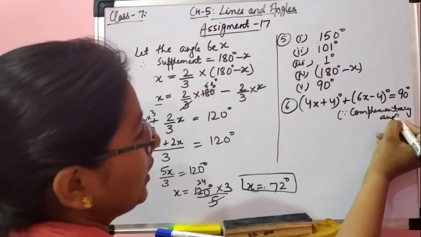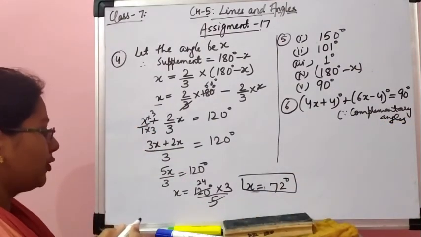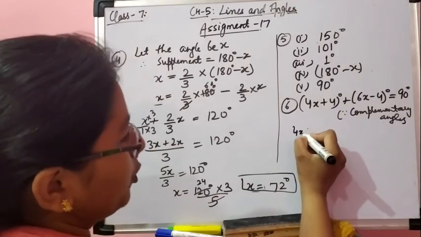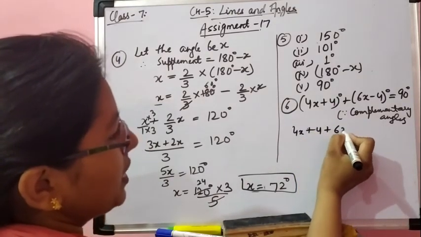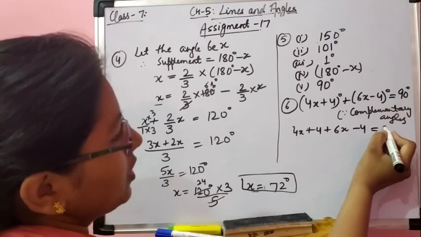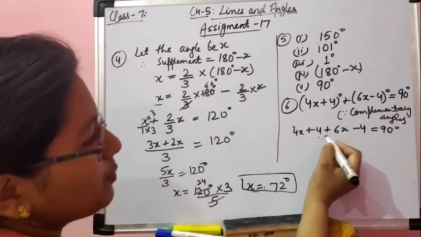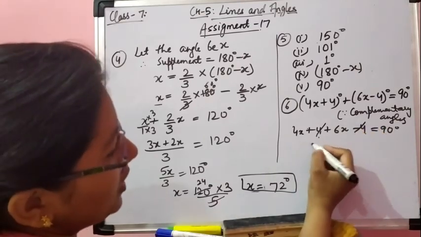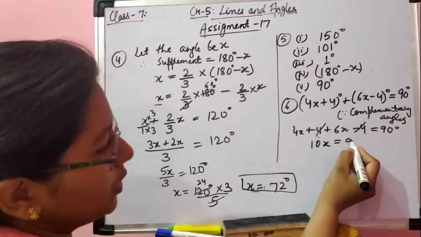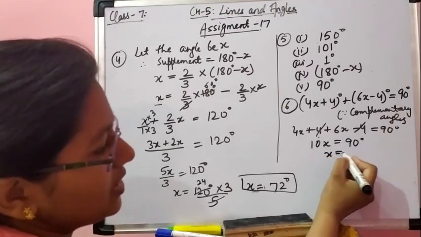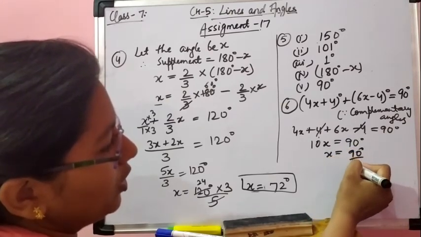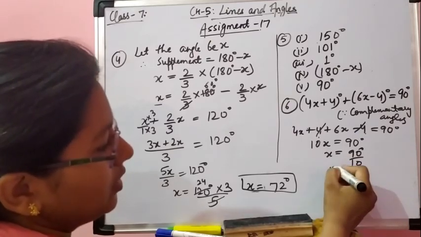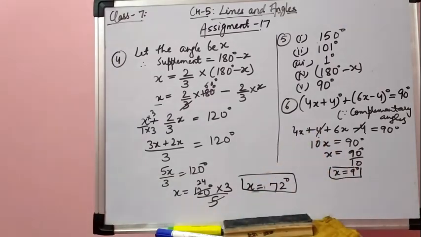Because they are complementary angles. So now we have to find the value of x. So let's add it. When I will open the bracket, 4x plus 4 plus 6x minus 4 is equal to 90 degree. Now this plus 4 and minus 4 can be cancelled out. Okay. Then 4x plus 6x, 10x is equal to 90 degree. So x is equal to 90 upon 10. X is equal to 9 degree. Okay. So this is your answer for question number 6.